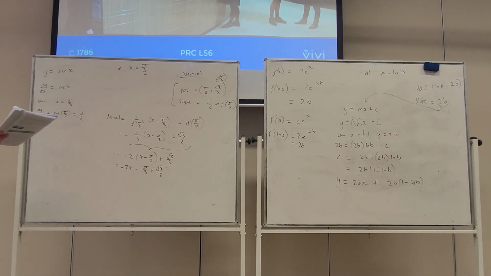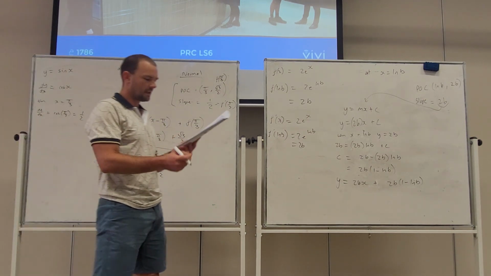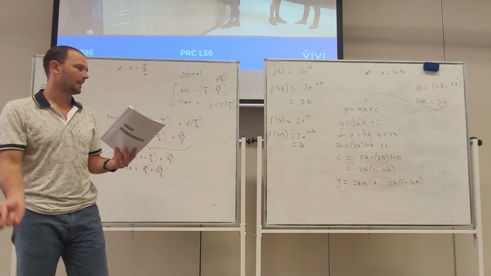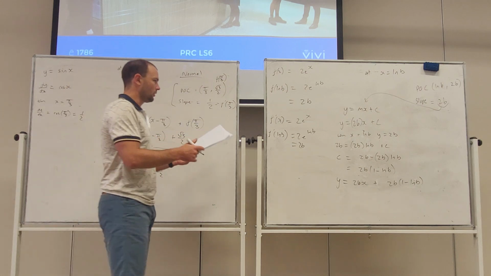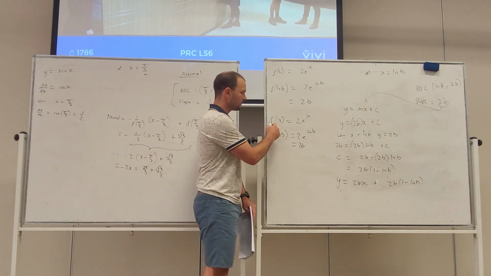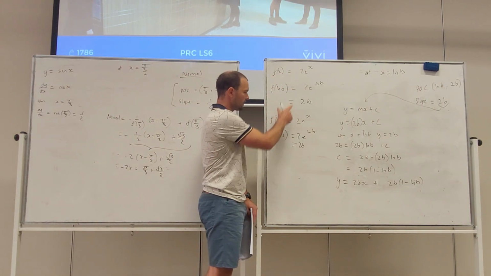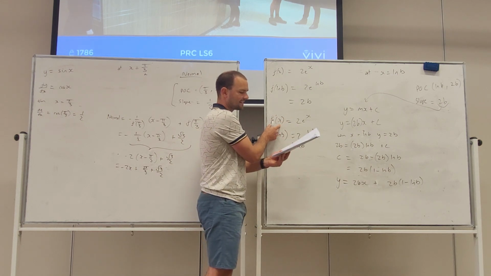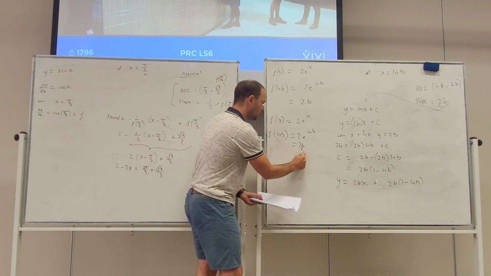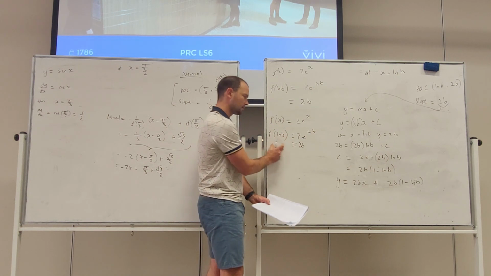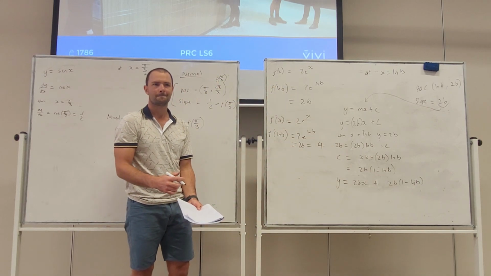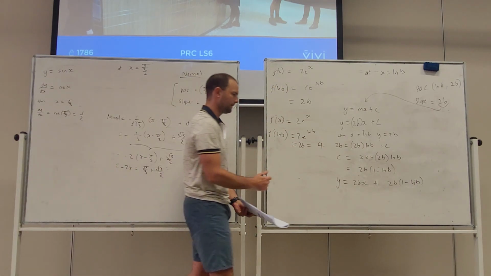Okay, given the tangent at x equals ln b has a slope of 4, determine the value of b. So here's the function, here's the derivative function, and we're told at x is ln b, the slope at this x value, the slope function is equal to 4. 2b equals 4, therefore b is 2.